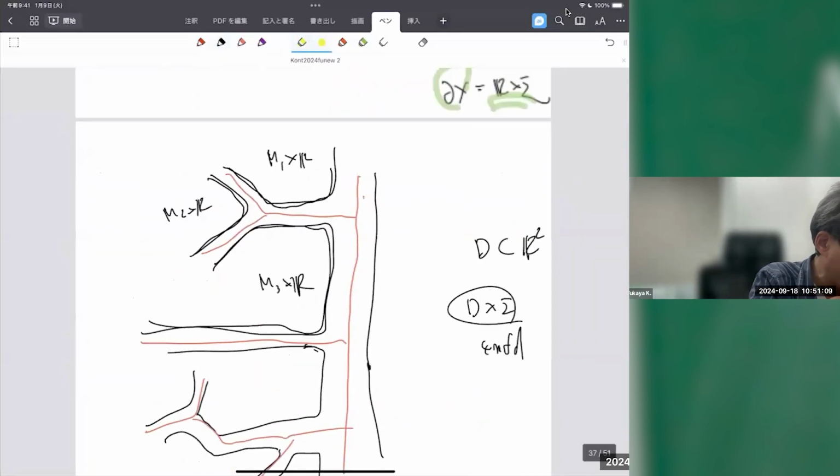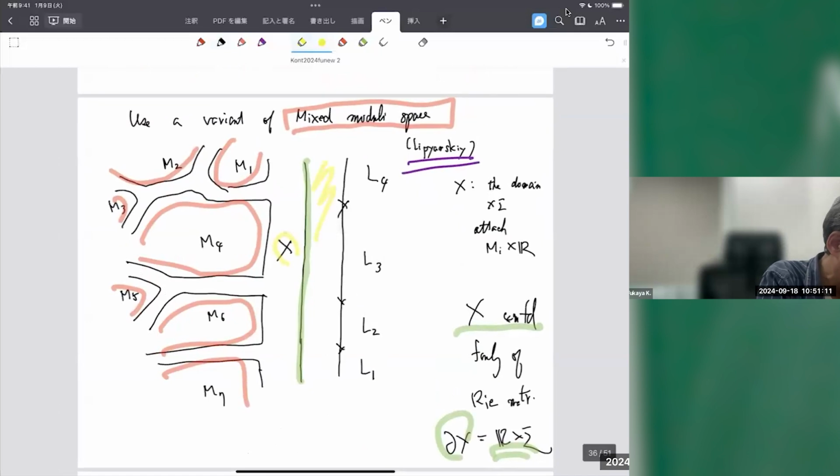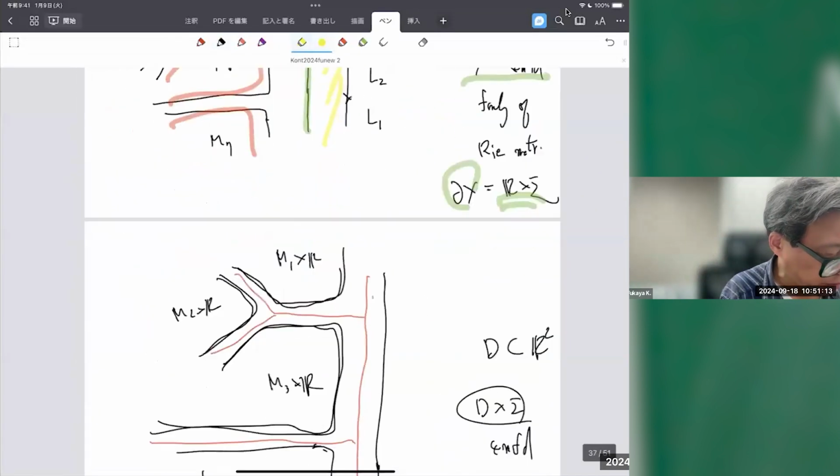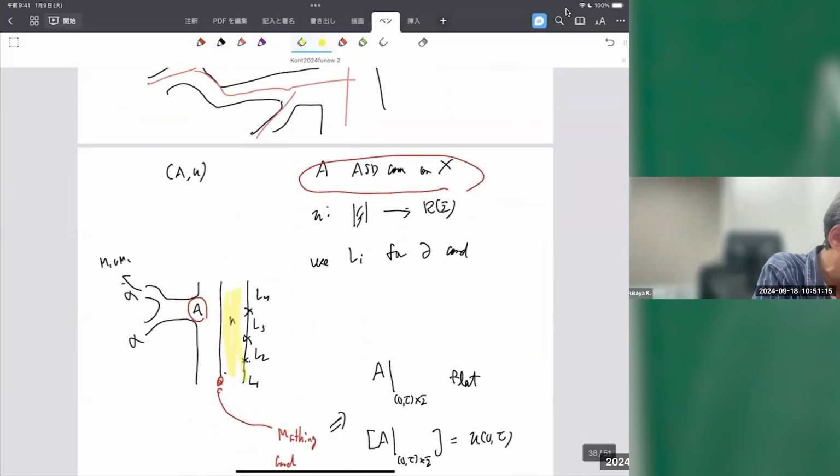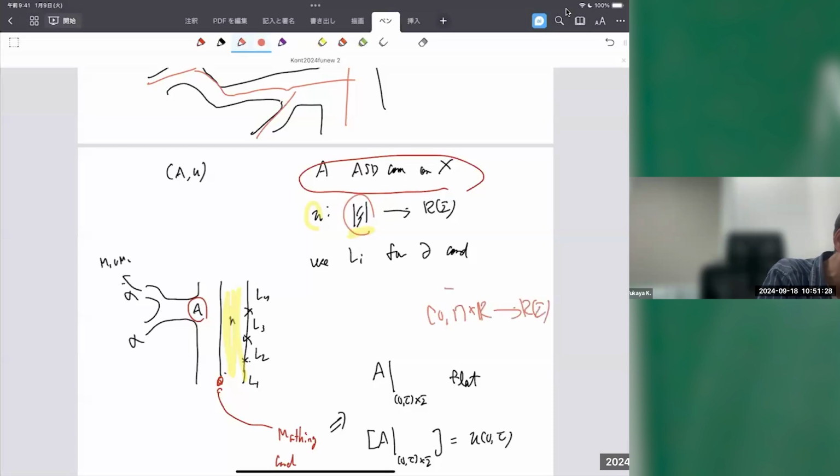Then you have another part. So another part is the following. On this part you take this U. U is a map from this strip. The strip is just [0,1] cross R, to the space of flat connections on sigma. This is t and this is tau.